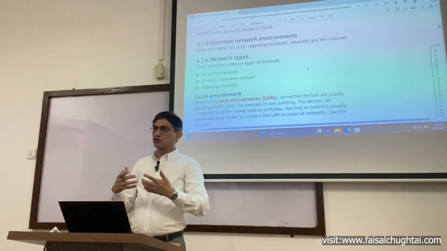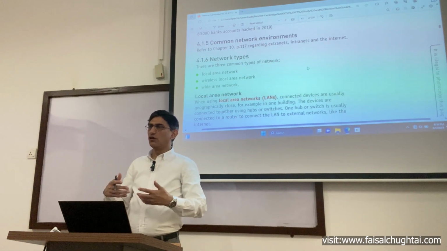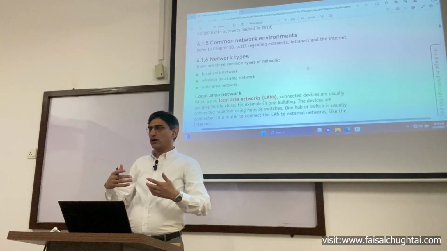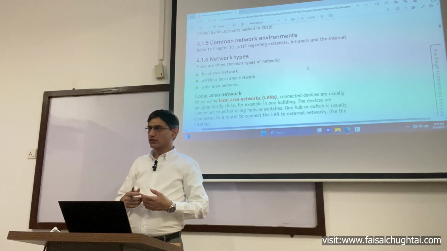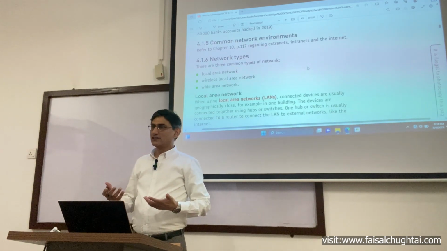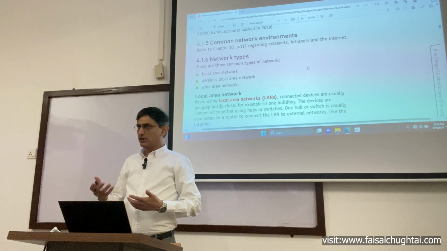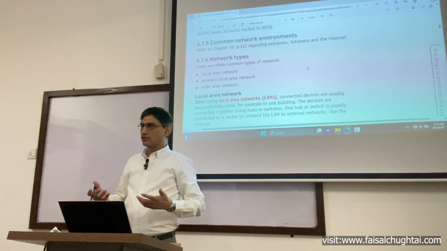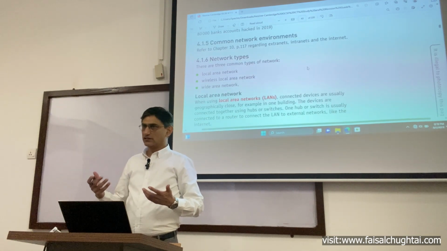All right, so it has to be a minimum of two computers, or of course more, and it can then stretch to thousands and lakhs of computers that are connected all over the world if we were to talk about the internet. I did mention that probably the largest network in the world is the internet.